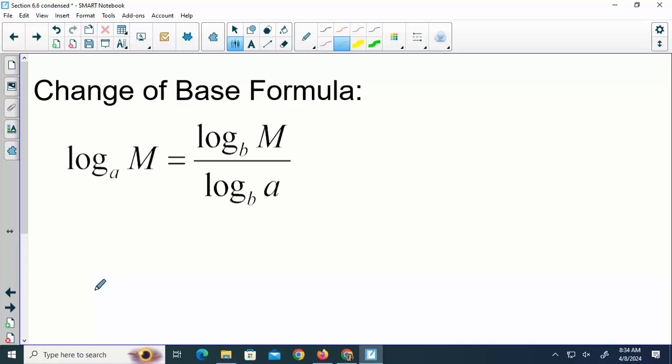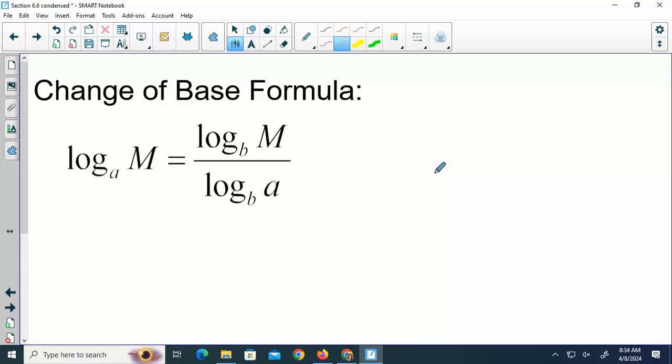So out of all of these, the only one that you really have to know is this. Log base A of m equals log base B of m divided by log base B of A. It's saying you can take any log and change it into whatever base you want by doing log of the argument divided by log of the current base.